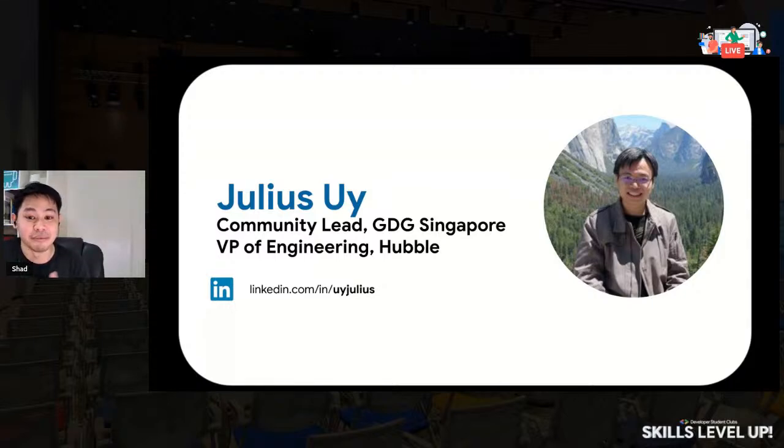Prior to Hubble, he helped lead the mobile apps and TV engineering teams at Rakuten, and their work was featured in Google I/O, Android Developer Story, and Android Excellence. On the side, he mentors various engineering leaders in Silicon Valley, India, Hong Kong, and Singapore. And of course, he's also a personal friend.